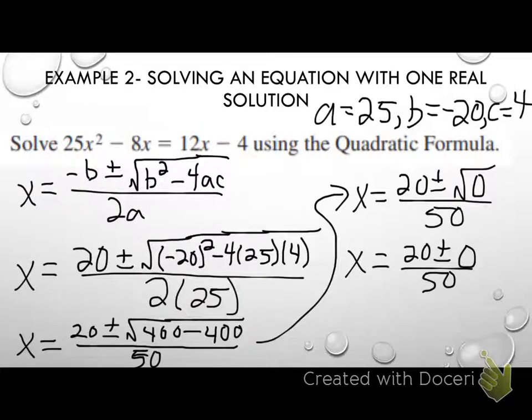No. So this just is 20 over 50, which reduces down to two-fifths, right? How many solutions do I have here? One. Because I had plus or minus 0, but plus 0 and minus 0 are the same thing, right? So I just have one solution here.